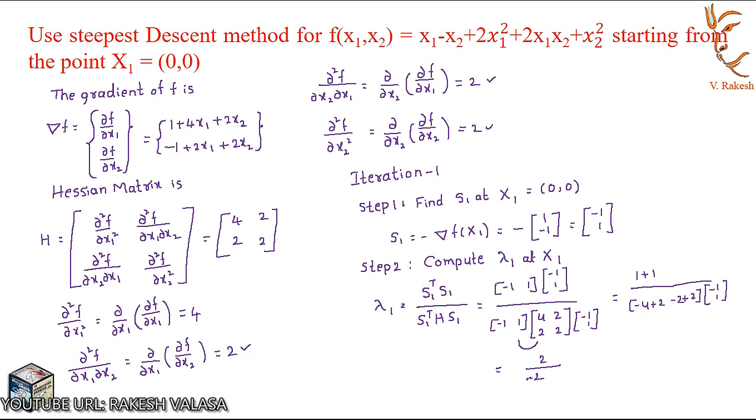Finally we get 2 by 2 equal to 1. You can simplify these terms. You can get 2 by 2 equal to 1. Okay, hence the new point is, next calculate the new point.